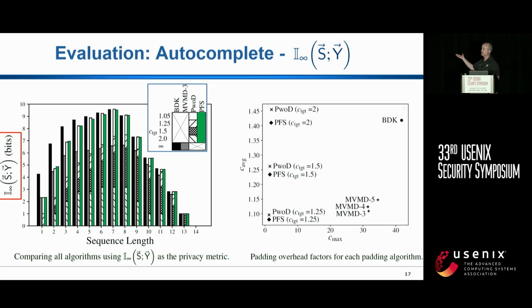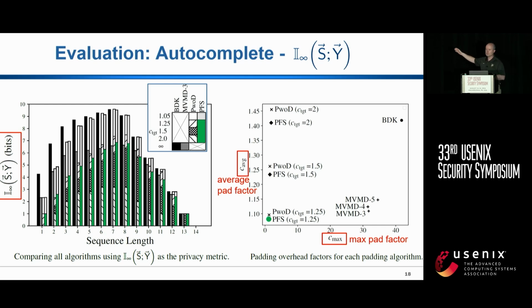In that case, the green bar extends all the way to the top of the bar. As you increase ctarget, as you increase the amount that you are willing to pad your objects, I-infinity decreases. In this chart, lower is better. You want to minimize I-infinity. Lower I-infinity means more privacy.